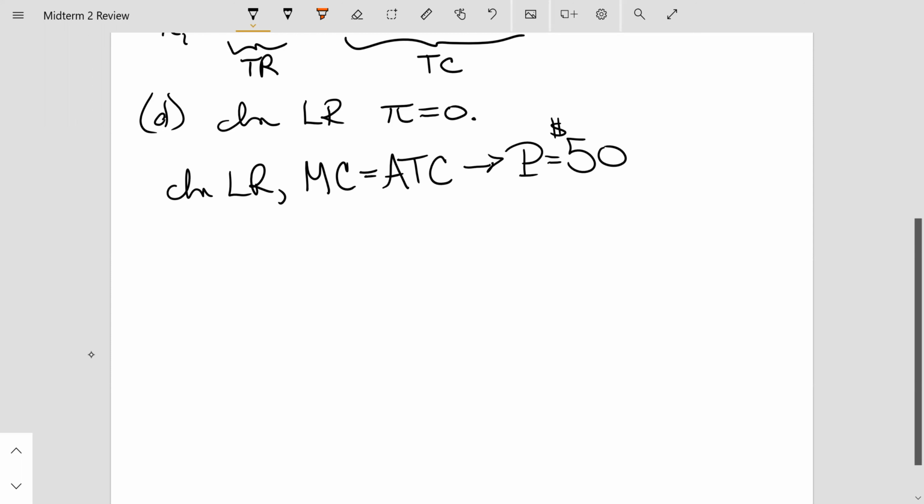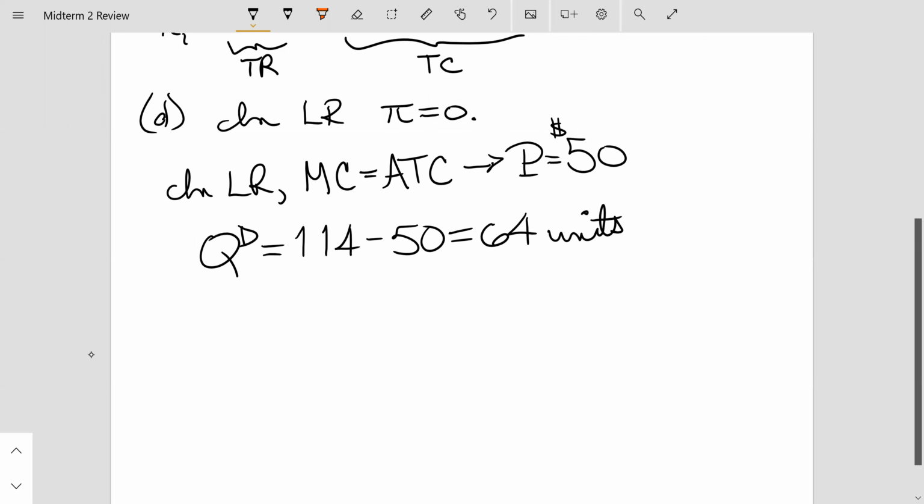Given that, we can take our quantity demand, plug in the 50, get 64 units.